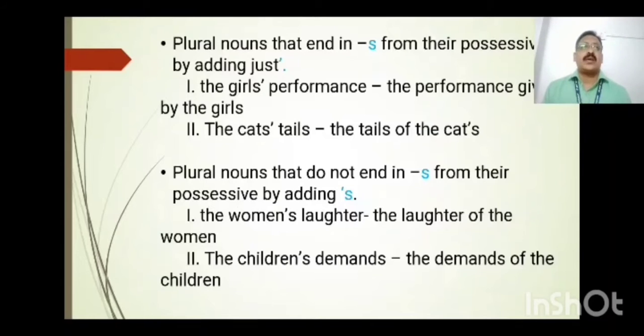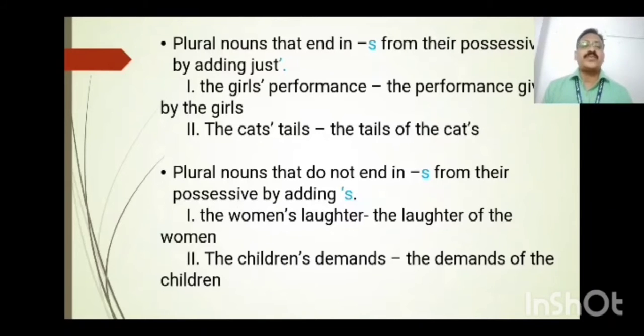That means the noun is in plural form, but we write apostrophe s to it. In the previous case I told you, if the noun is in plural form, we just put an apostrophe. But in this case the noun itself shows that it is plural without having s to it. So we just put apostrophe s to show it is in possessive form.